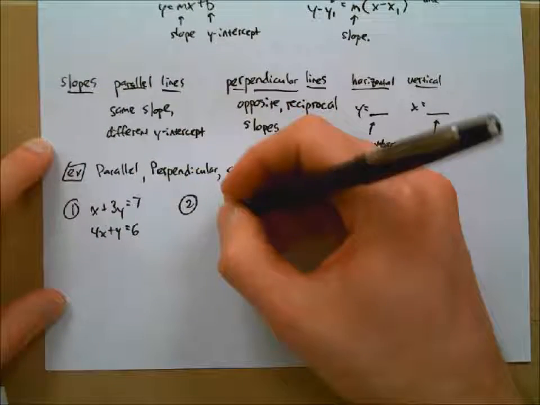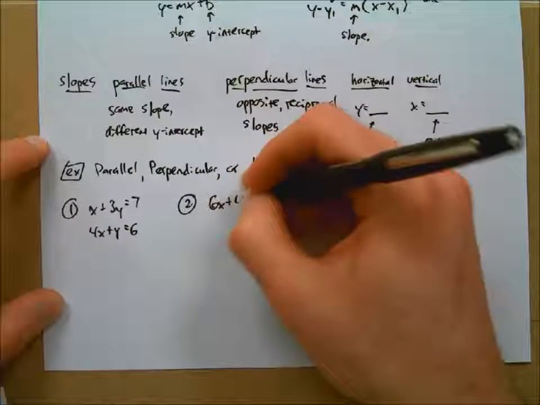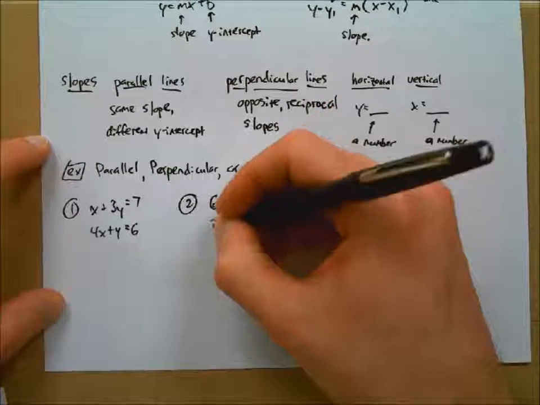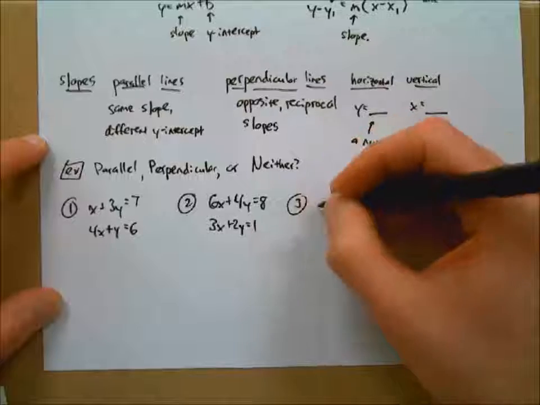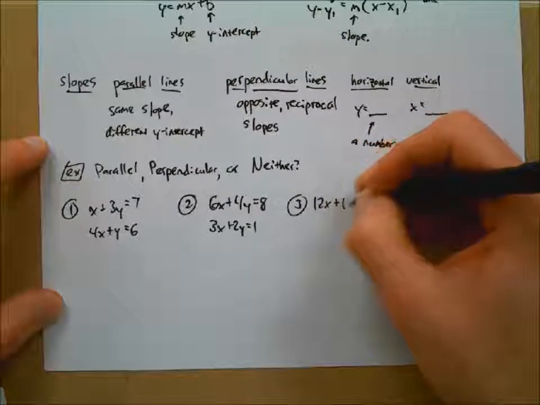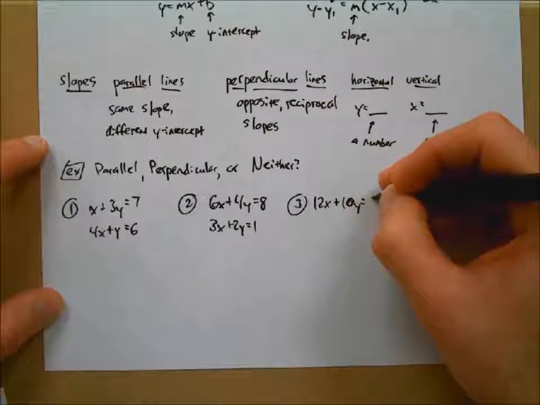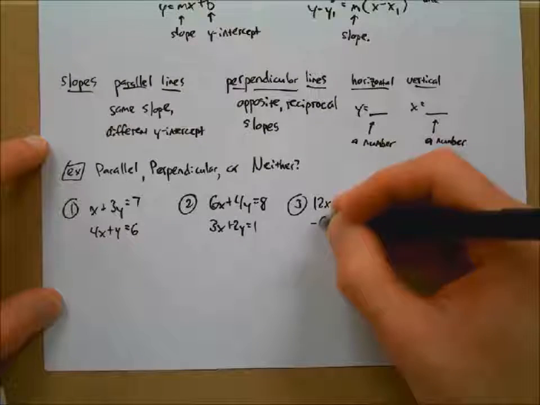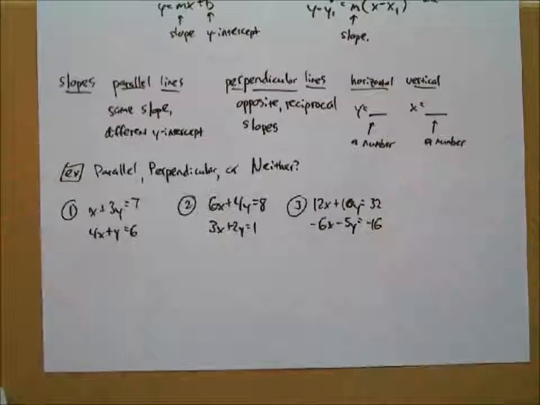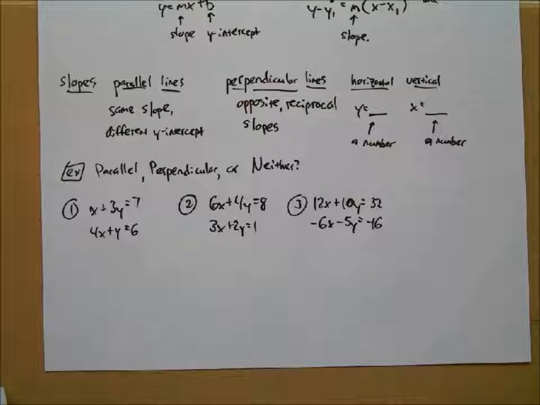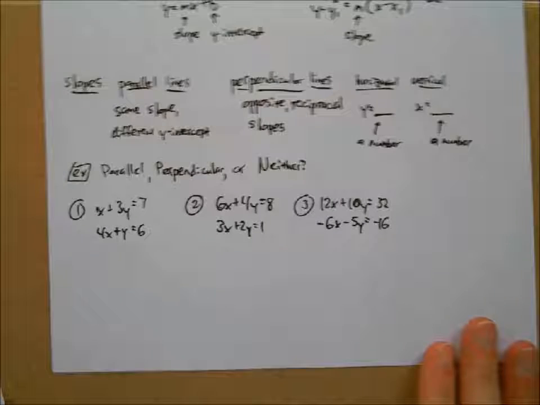Second set: 6x plus 4y equals 8, 3x plus 2y equals 1. And third set: 12x plus 10y equals 32, negative 6x minus 5y equals negative 16. Do what you need to do here to figure out whether these lines are parallel, perpendicular, or neither.